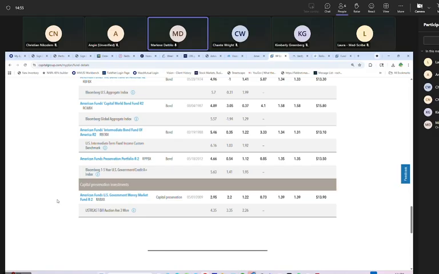Sometimes we have people that will go in and out of different funds. They're not sure how they want to invest, so they'll stay in this cash fund until they figure that out. Again, you would have to pick that. If you pick nothing, it's going to automatically put you into the target date fund.